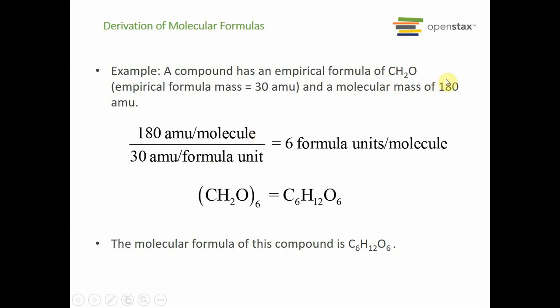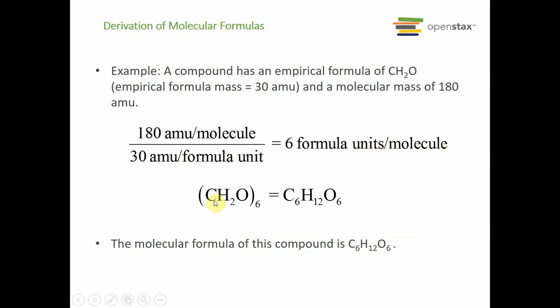One is freezing point depression, known as the Rast molecular weight determination. Anyway, we take that 180 mass units per molecule and divide it by the 30 mass units in the empirical formula unit, it means we've got 6 empirical formula units in a molecule.